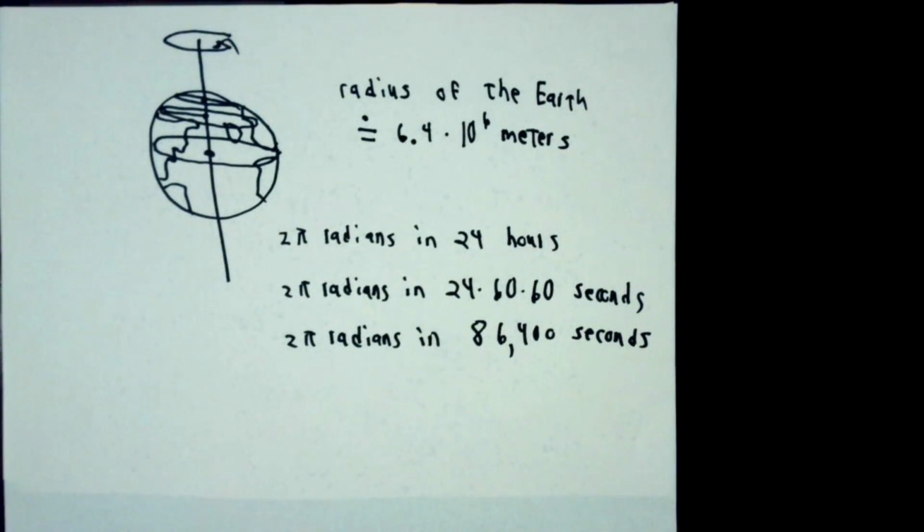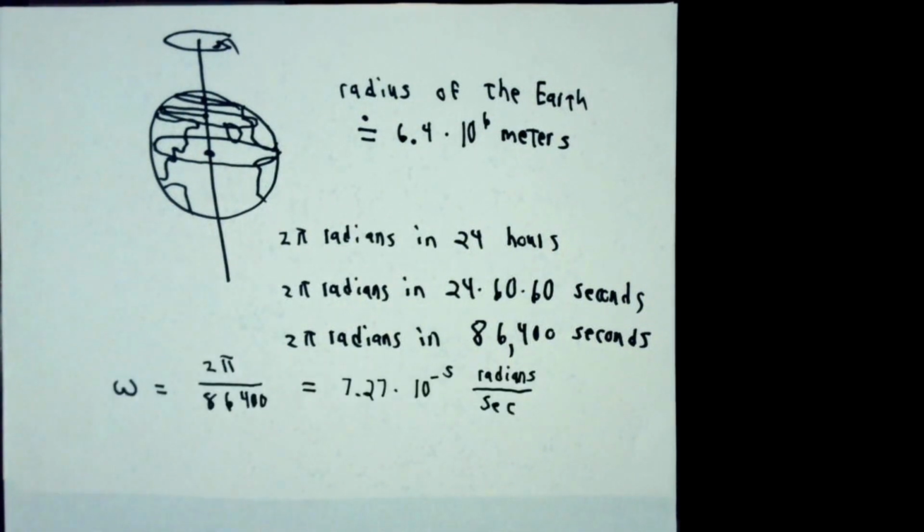I know how many seconds it takes to go 2 pi radians in angular position. This will let me calculate the omega. Doing the arithmetic, omega works out to be about 7.27 times 10 to the minus 5 radians per second.